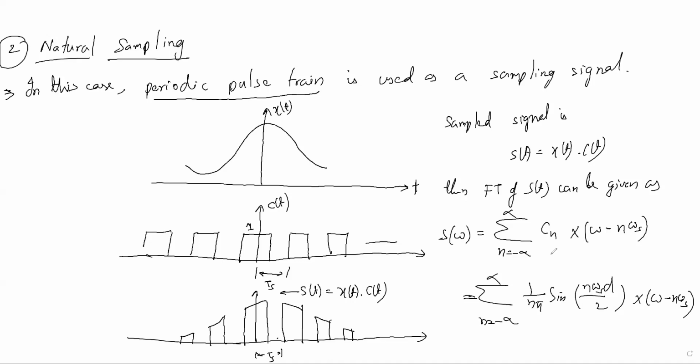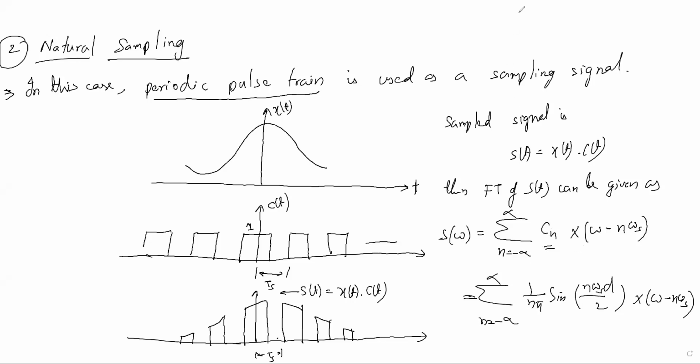This Cn we can easily derive. I have explained earlier how we can find this Fourier series coefficient. You can write here Cn as Xn, because I have used Xn in the previous classes.